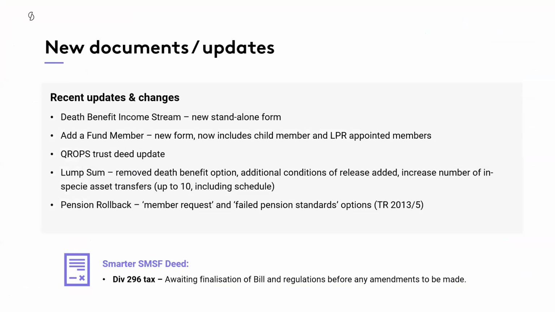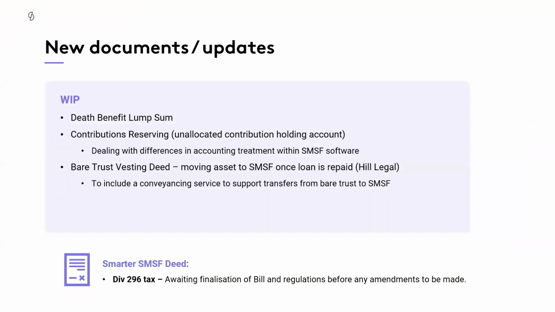And finally, from a Div 296 tax point of view, and I'll put it on both slides here, we are still awaiting, obviously, the impact of what those measures might mean, and then quite clearly, if and when or if that gets finalised, we will then naturally come back to you on those couple of items and the impact that it has on the deed as a result of that as well.